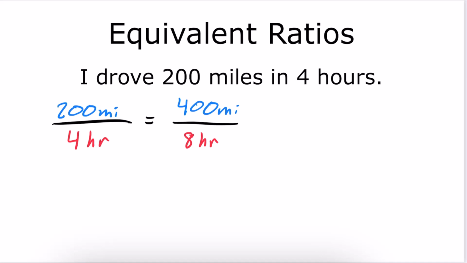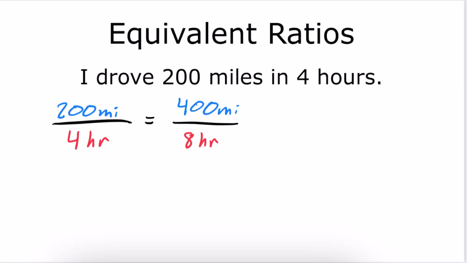I basically just doubled the amount of time, but I also doubled the distance. One way you could think about this rate is as a speed. Whether I go 200 miles in 4 hours or 400 miles in 8 hours, the speed that I'm traveling is the same. And this brings us to the idea of a reduced ratio or a simplified ratio.